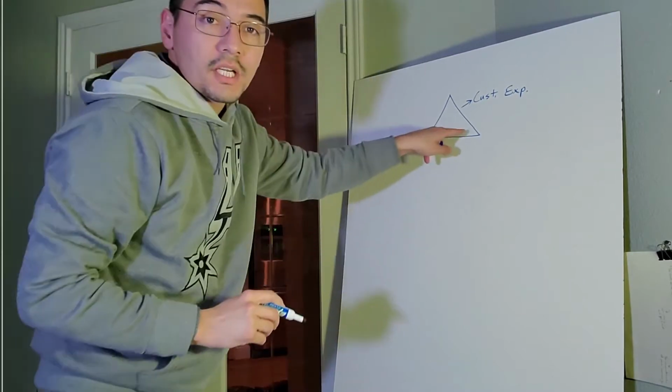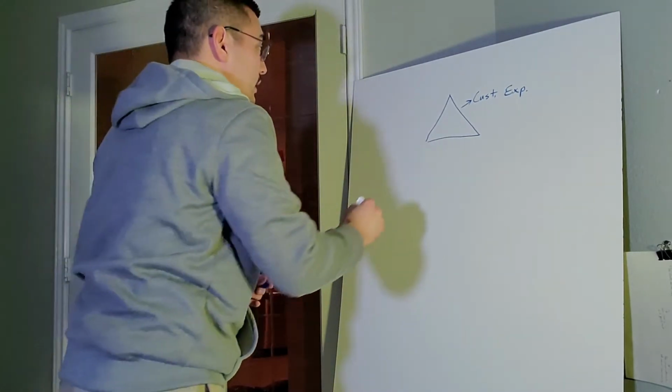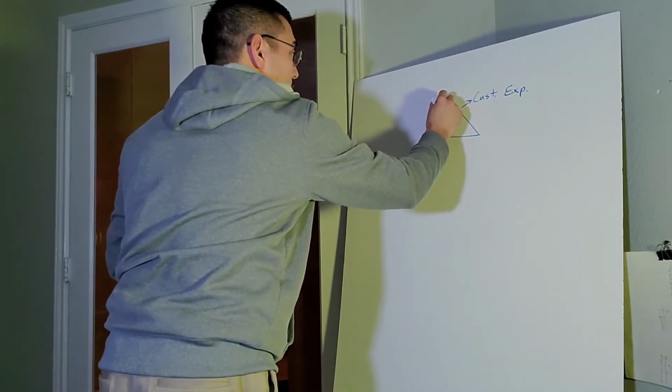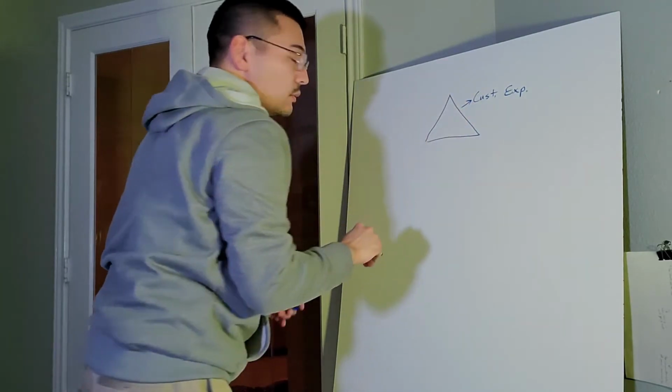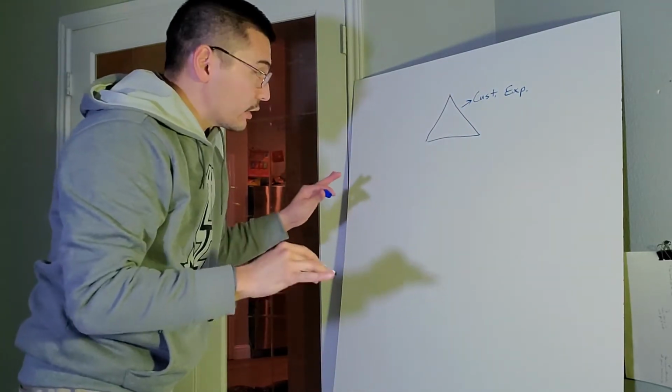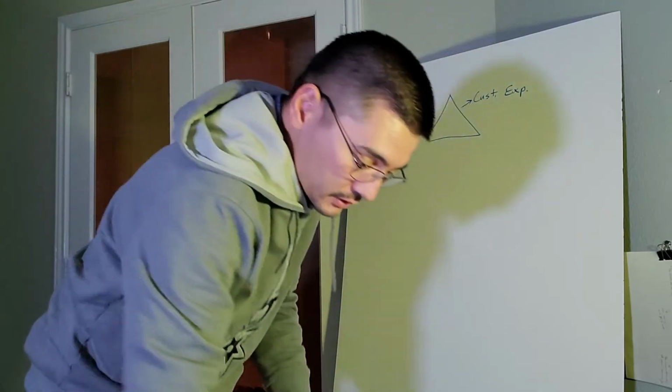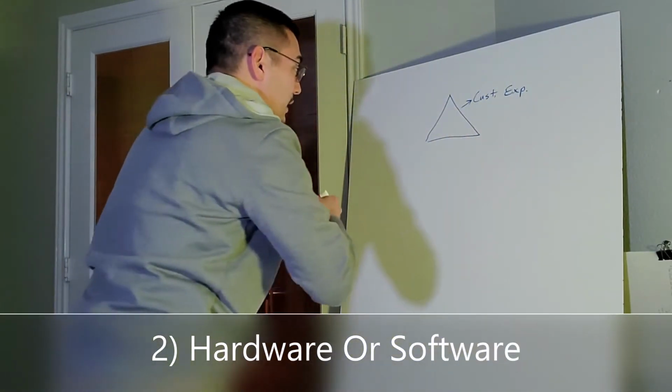Okay, that's the customer's experience. It is the most important part of this whole situation, and it will inform you as to where to go next. Now, there's two possible ways to go from here, okay?